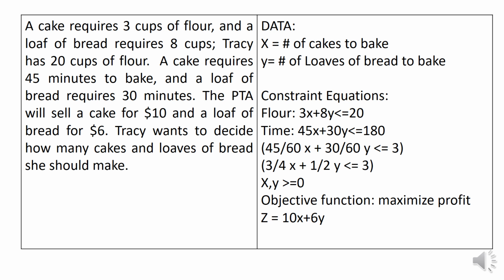Tracy has 20 cups of flour. So 3 cups of flour for cake and 8 cups for bread, and Tracy has 20 cups. It means she can make the bread and cake within the 20 cups, so the inequality would be less than or equal to.